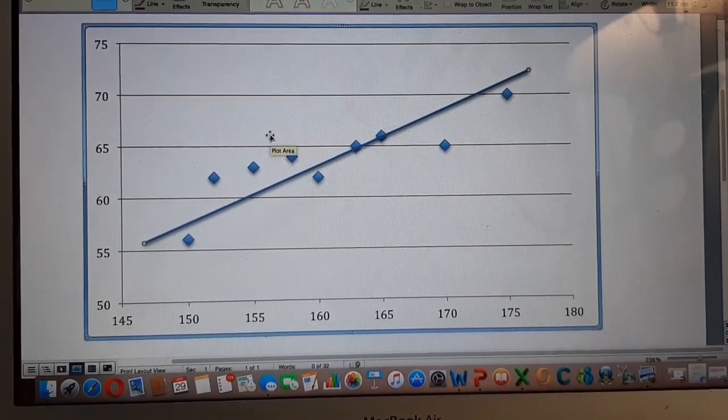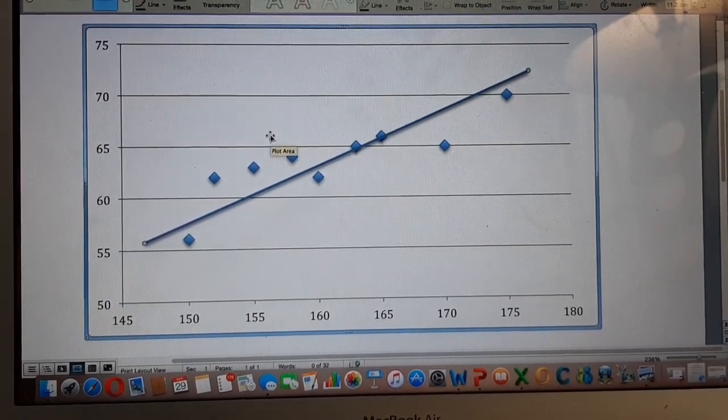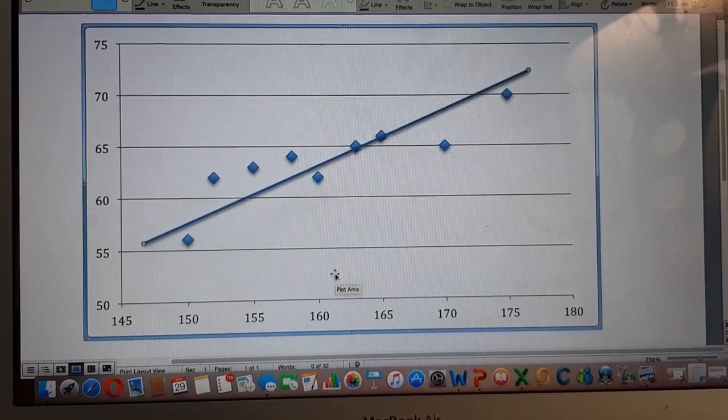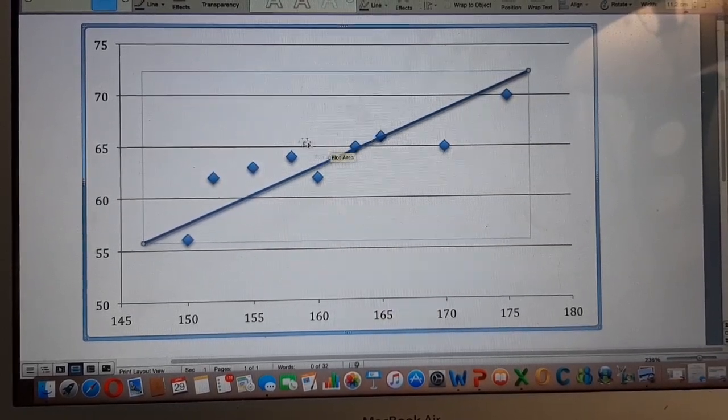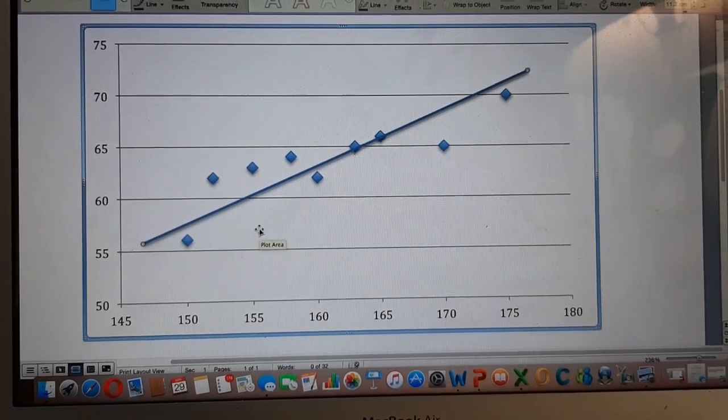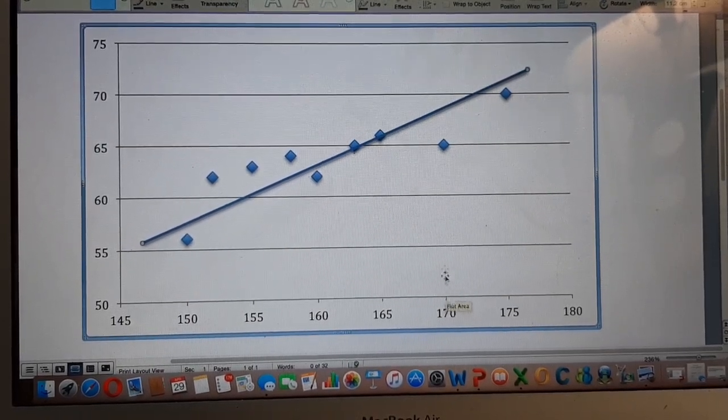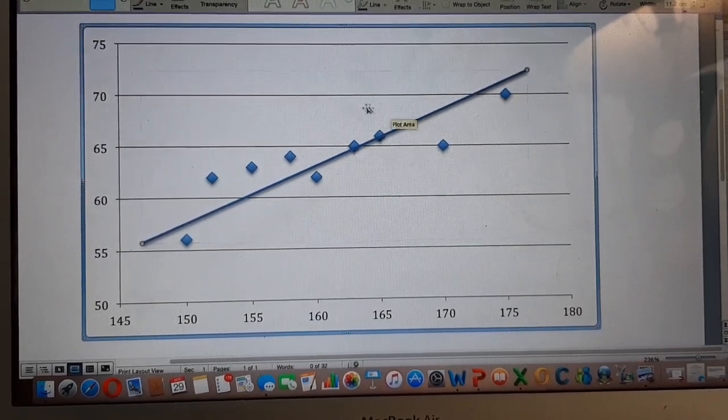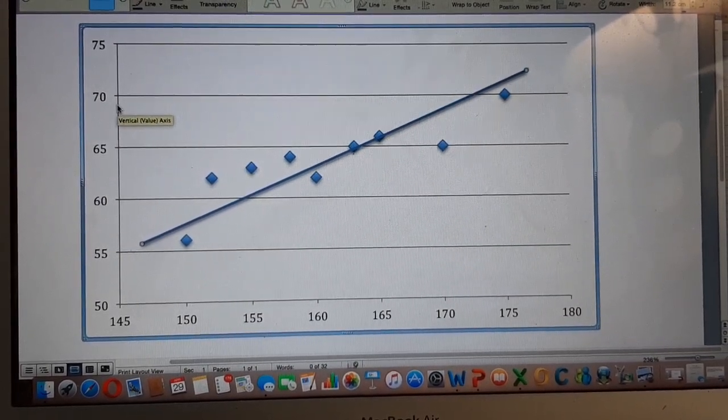Moreover, this is a positive correlation, meaning if the marks in maths are increasing, suppose you have 165 in maths, then you have 66 in physics. And if you have 170 in maths, then marks in physics are also increasing, from 61 to 68.